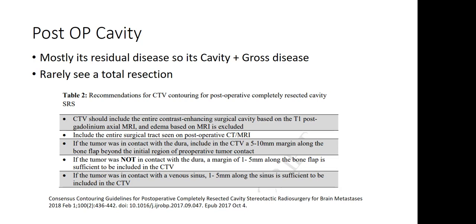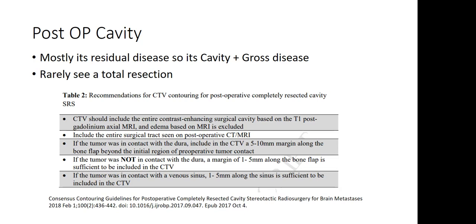We try to include 4 to 5 millimeters along the meningeal point, because once the meninges are disrupted after surgery, they are at risk of developing metastasis. These are loose areas, and whenever they are resecting out the tumor, there is always contamination. So always include a meningeal part of 4 to 5 millimeters if possible.